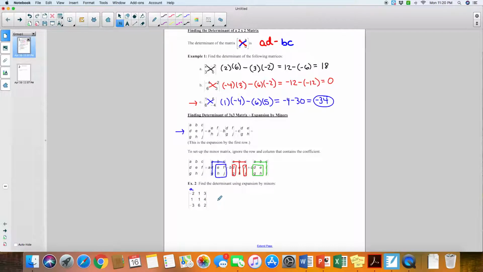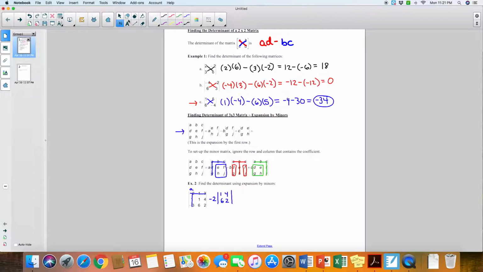What I would do is -2 times the determinant of, so I would erase the row that -2 is on, as well as the column. And the matrix that is left is 1, 4, 6, and 2. That right there is going to be my first number of my formula.